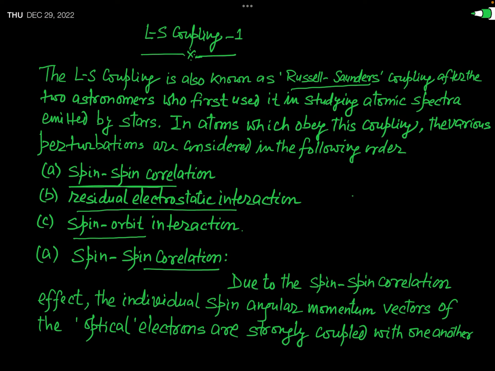And in electrostatic interaction, there will be the coupling of the different orbital angular momenta of the optical electrons, and that will result in the total angular momentum L. And when you talk about the spin orbit interaction, that means there will be a coupling of the total orbital angular momentum and the spin angular momentum.